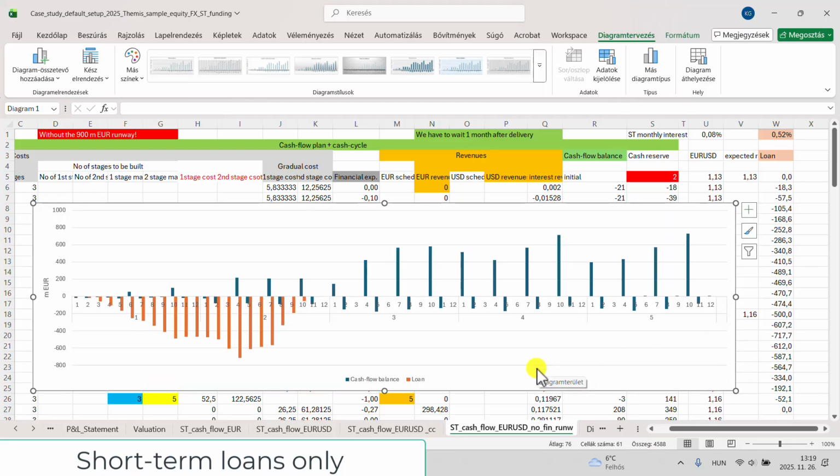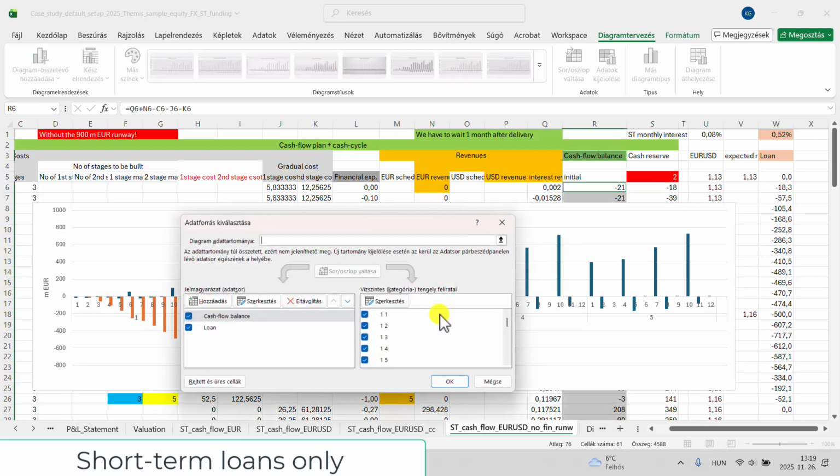And so now we are the happy owner of our cash flow plan and cash flow scheduling, because now we can see how the cash flow balance is changing from month to month. Now we can see that if we would fund completely through short-term debt, then it would be really expensive, so maybe we should not do it. And at the end of the day, we can see how the company's position changes from month to month.